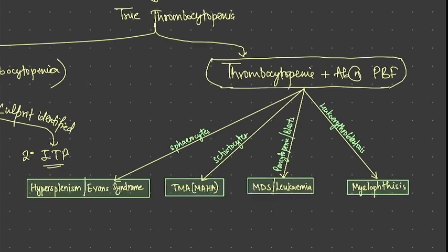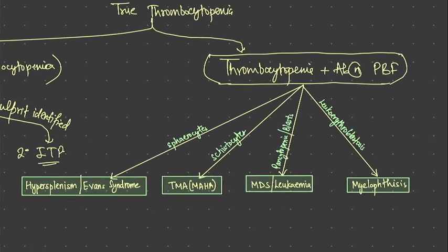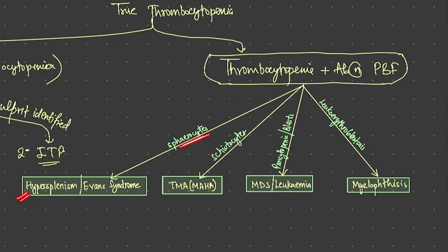Right? Let me make the picture a bit big. If we find spherocytes, it is hypersplenism or Evans syndrome. If we find schistocytes, of course it is the hallmark of thrombotic microangiopathy or microangiopathic hemolytic anemia. If we find blasts or we find pancytopenia along with thrombocytopenia, then leukemia or myelodysplastic syndrome is suspected.